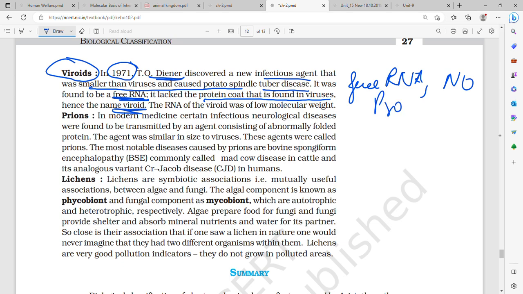The RNA of viroid was of low molecular weight.